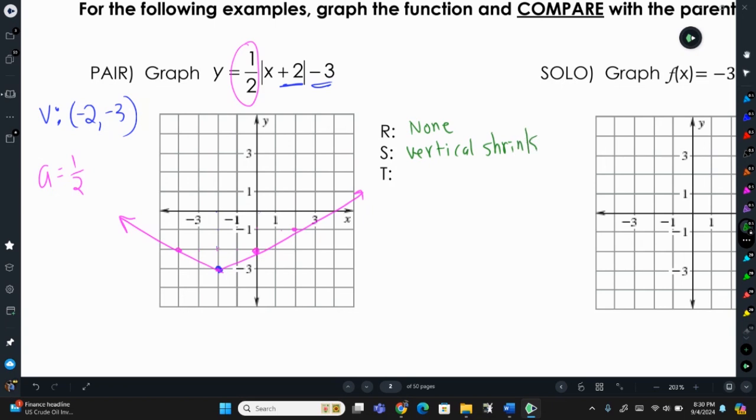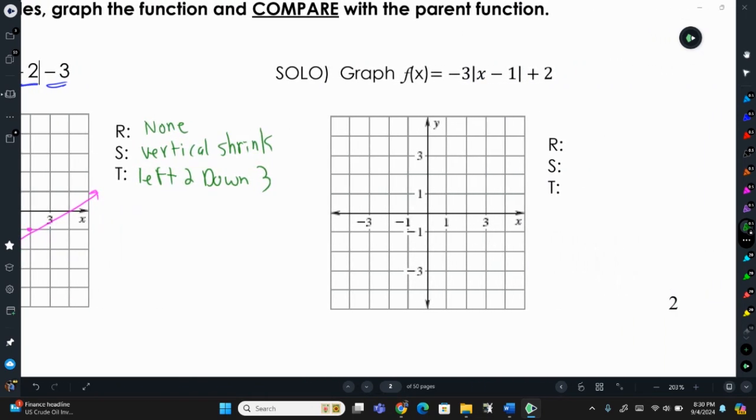Our vertex went left 2 and down 3. And there is our graphed absolute value function with all the required information.